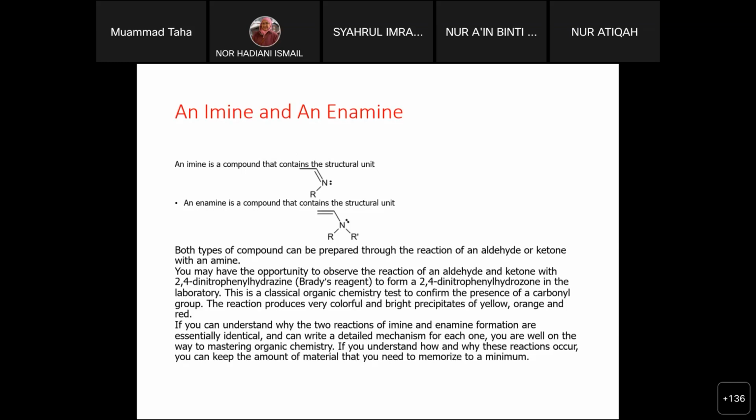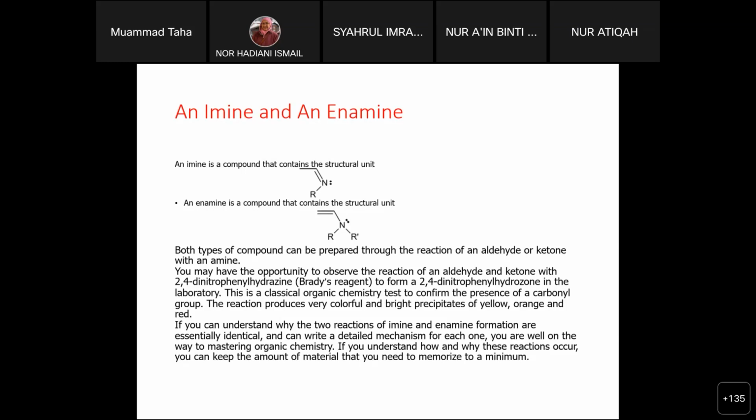So always remember that an imine is formed when the amine is primary, while an enamine needs a secondary amine. You already know that if nitrogen is attached to only one carbon and it reacts with an aldehyde or ketone, it always forms an imine.